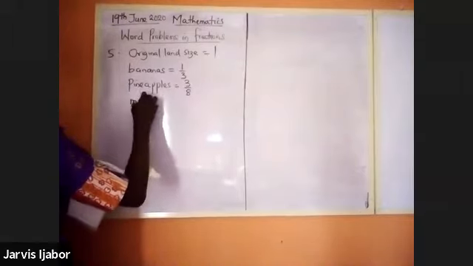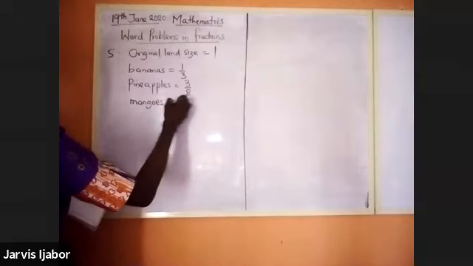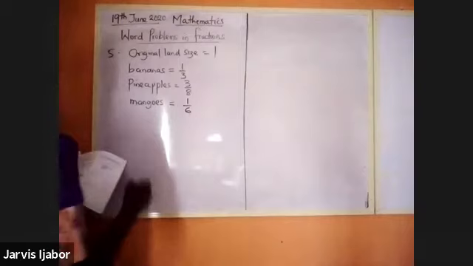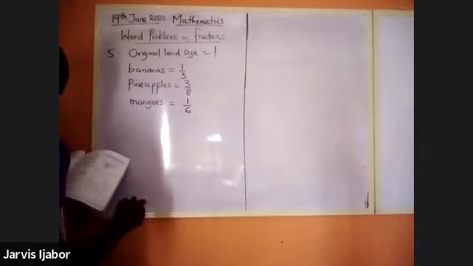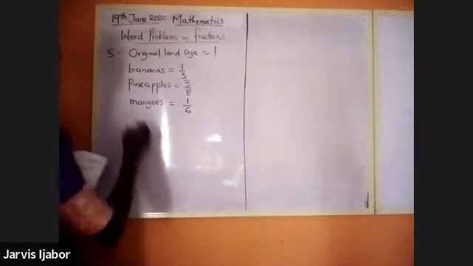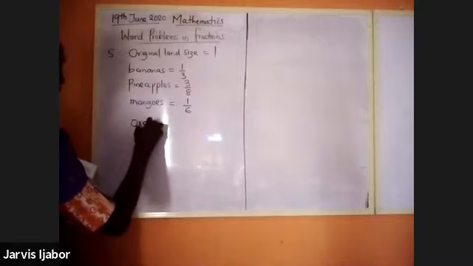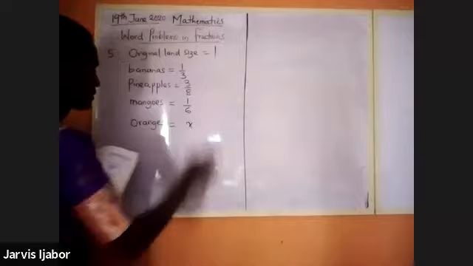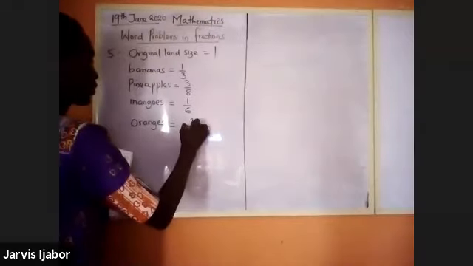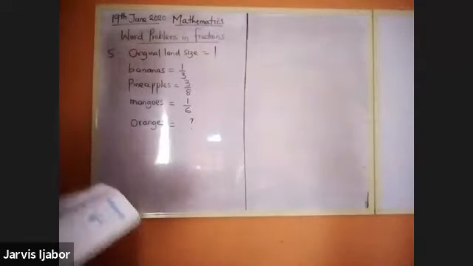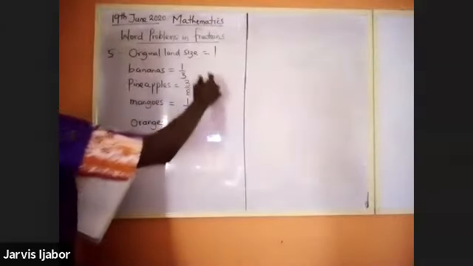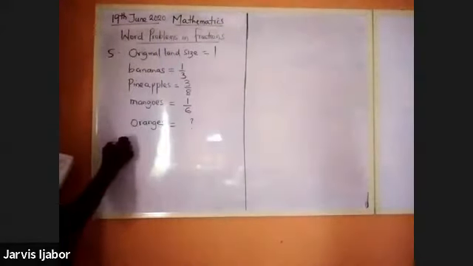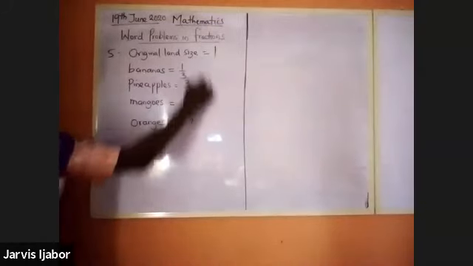Mangoes, 1/6. Oranges is X. Or you can just put a question mark. That's what we're looking for. So these are the land area that have been occupied. To add them up. So these are the areas we know that have been used.